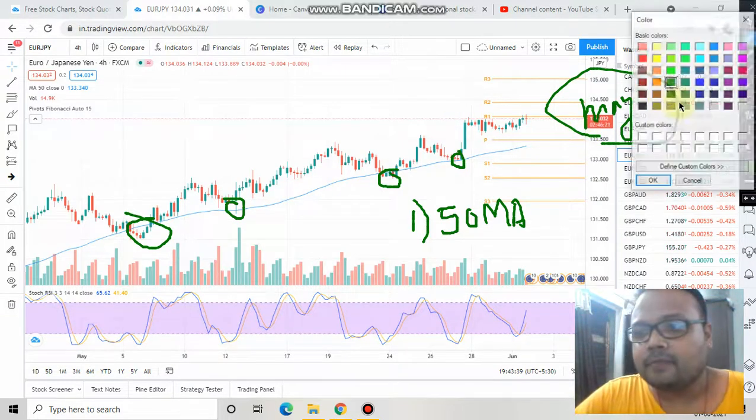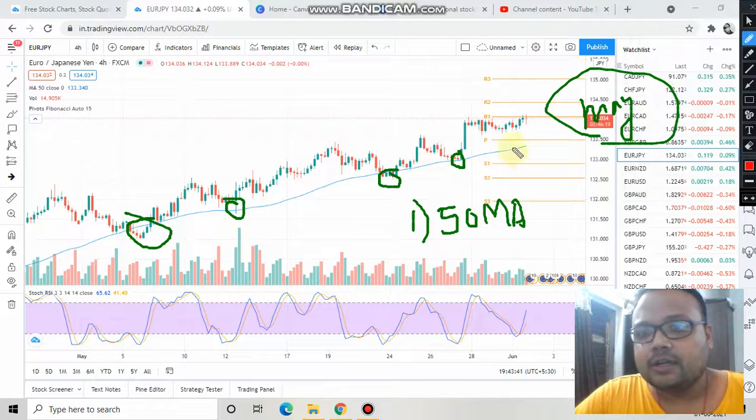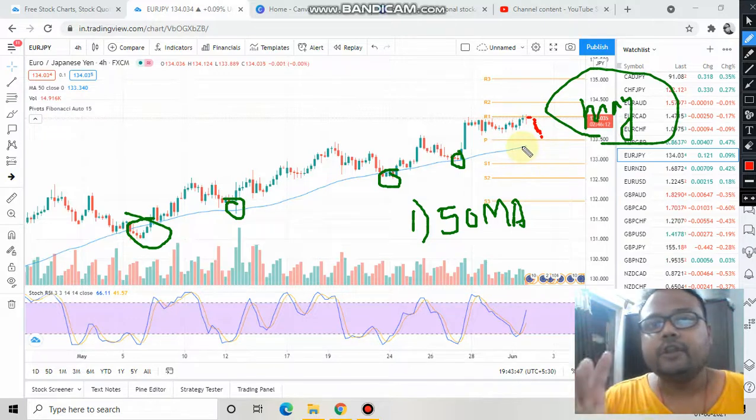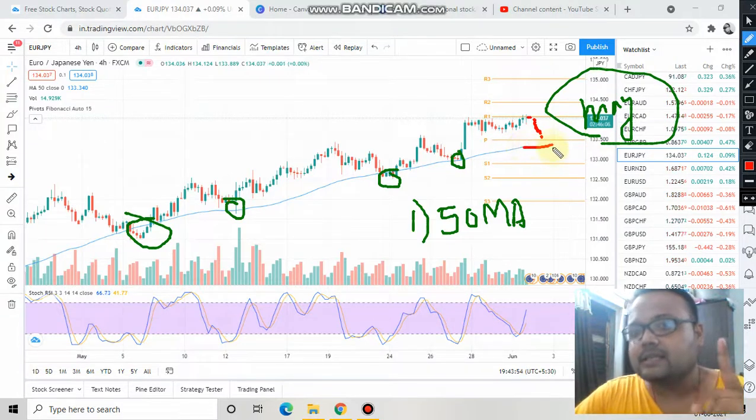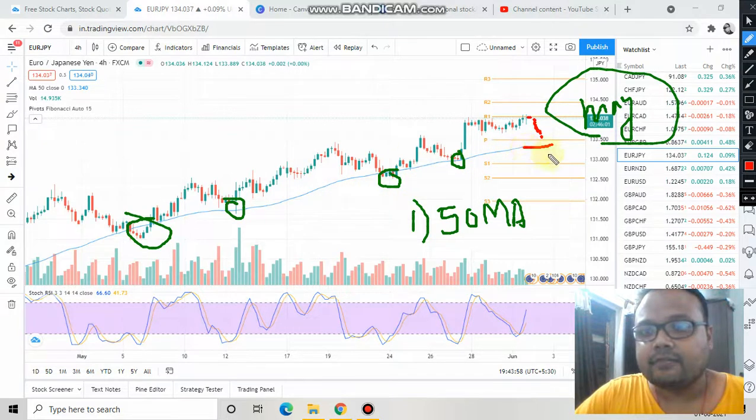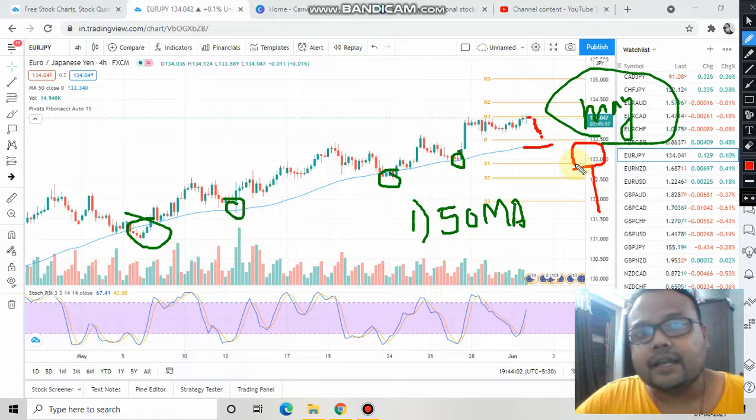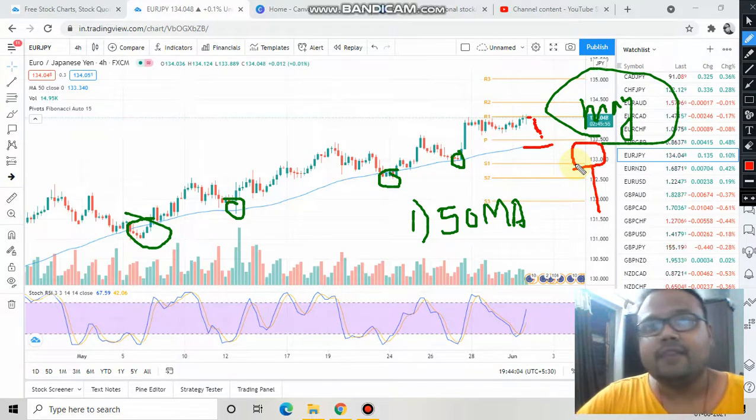Yes, confirmation is always important. If the market starts coming down to the 50 moving average, then your duty is to observe the price and see how the price reacts. If you see that the price is getting rejected from below, or it is forming a hammer kind of candlestick pattern, then you'll get the confirmation that yes, the 50 moving average is still a valid support.